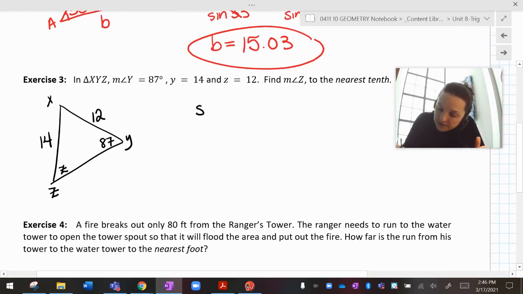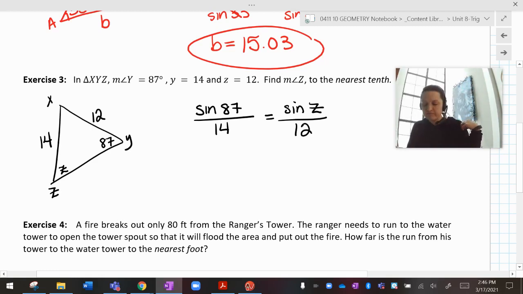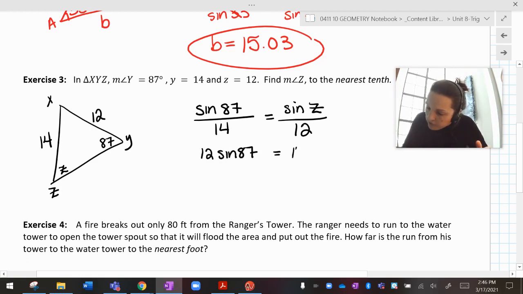Okay. The sine of an angle over its opposite side equals the sine of another angle over its opposite side. All right. I'm going to solve. So cross multiply. 12 sine 87 equals 14 sine Z.